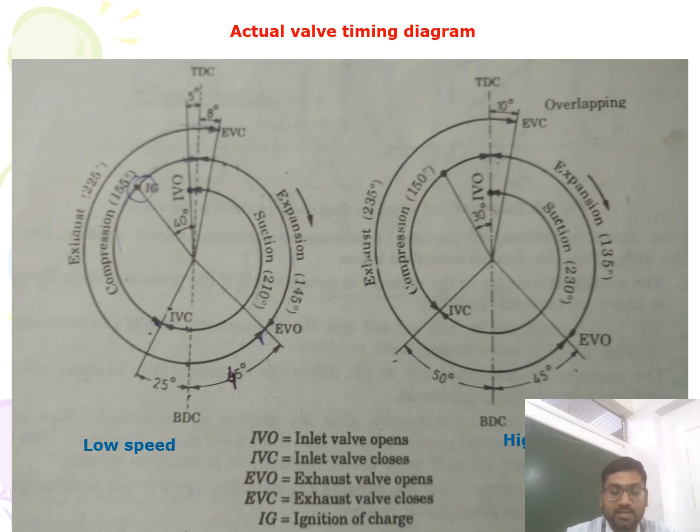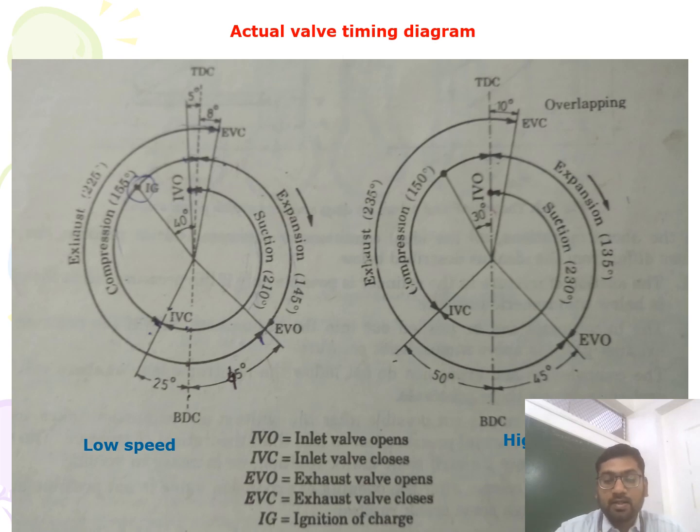To avoid this situation, the inlet valve is kept open for 40 to 50-degree crank revolution after the suction stroke for the high speed engine, and 30 to 45 degree for the low speed engine.